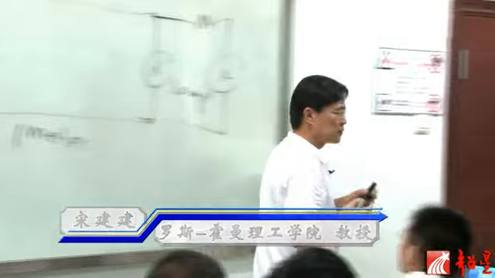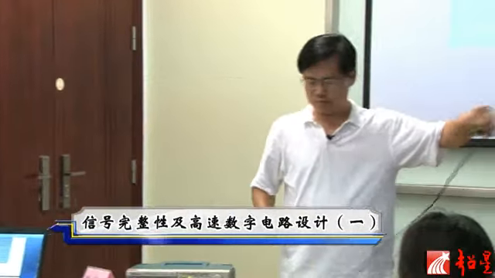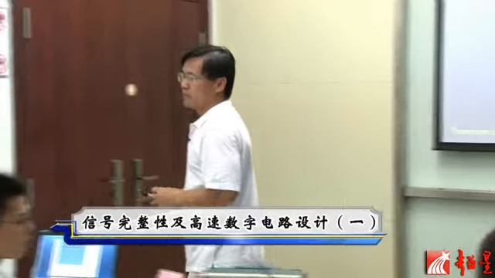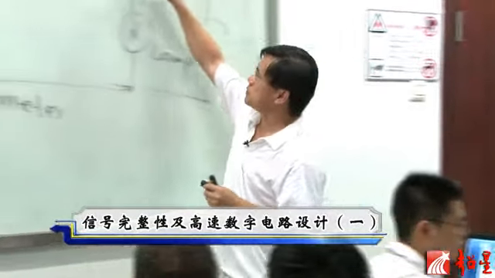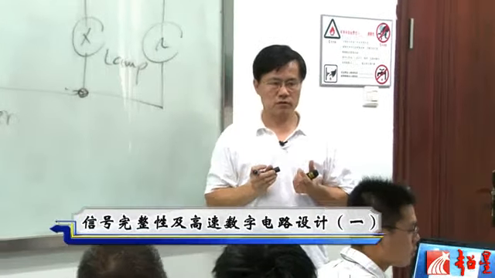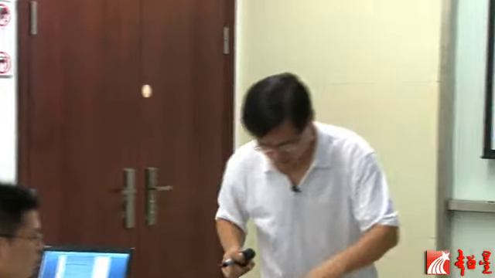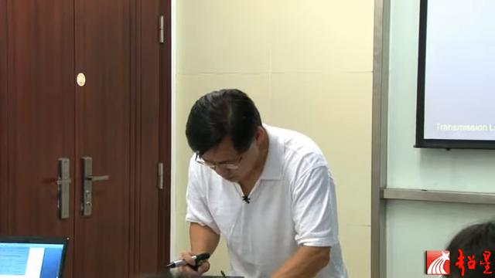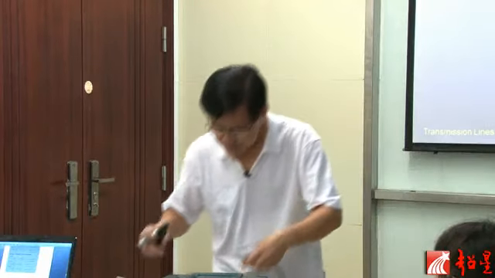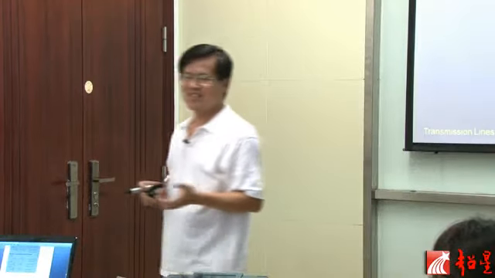When I connect this with the light bulb, the light is off. When I disconnect this, the light is on. When I connect this, the light is off. It's like magic, right?